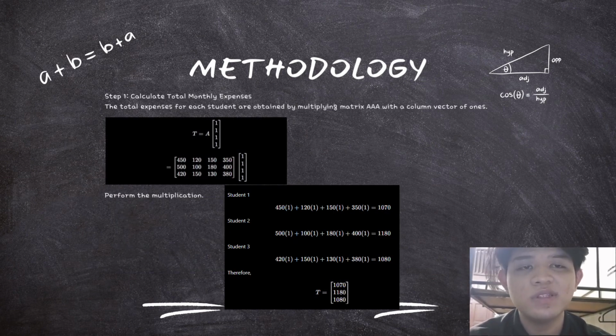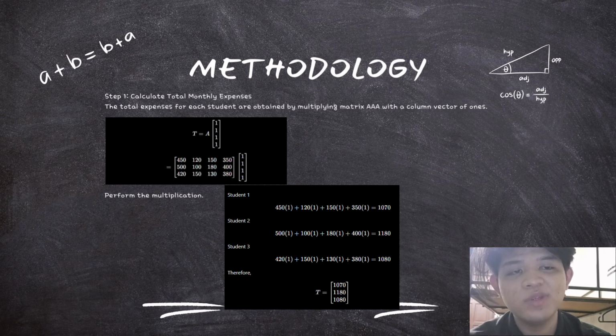Next, the first step is to calculate the monthly expenses. The total expenses for each student are obtained by multiplying the matrix with the column vector of ones. So T equals A times the vector 1, 1, 1, 1.